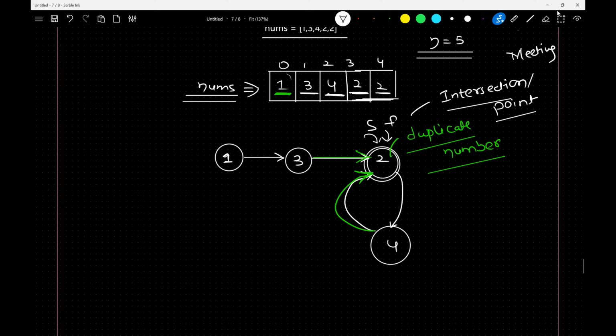For example, the number at the 0th index is 1, so I create a node for this number. Go to index number 1. What is the next value? It is 3. So 1 is pointing to the next number 3. Go to the third index. What is that value? 2. Go to the second index. What is the value? 4. So 2 is pointing to 4. Go to the fourth index. The fourth index is pointing to 2.